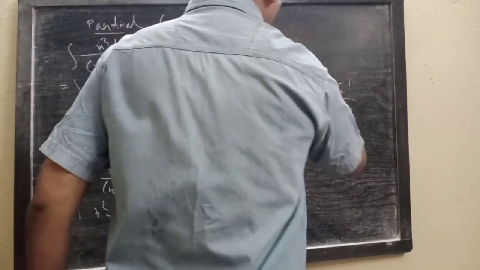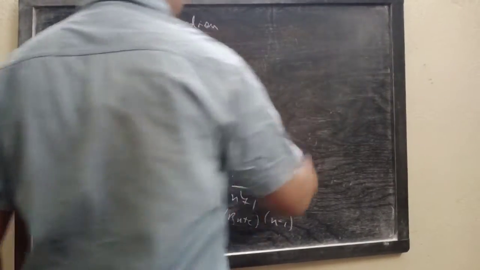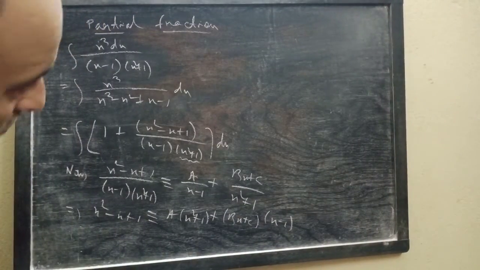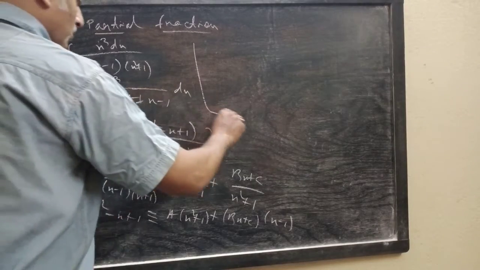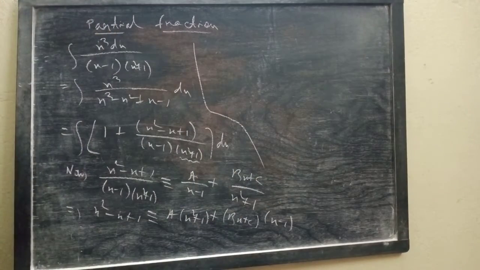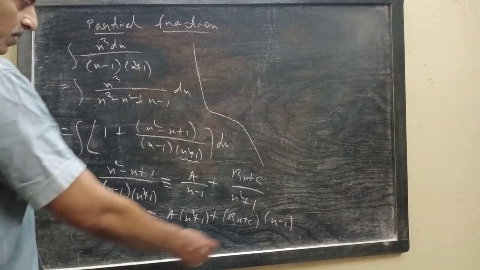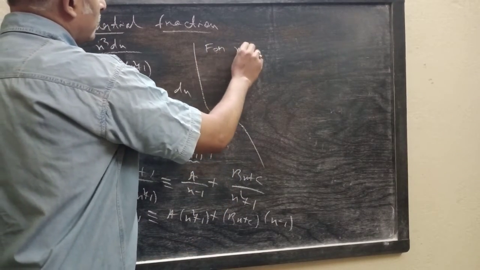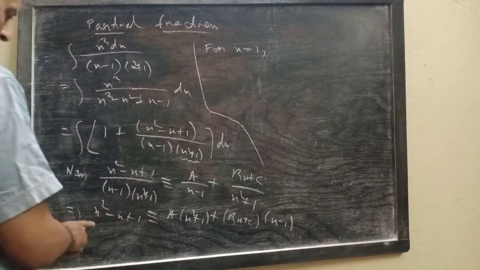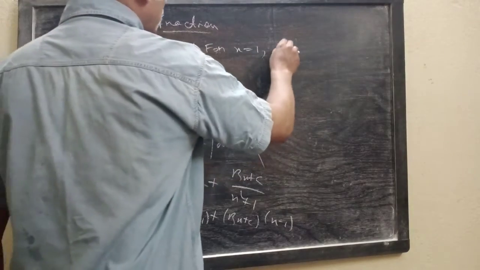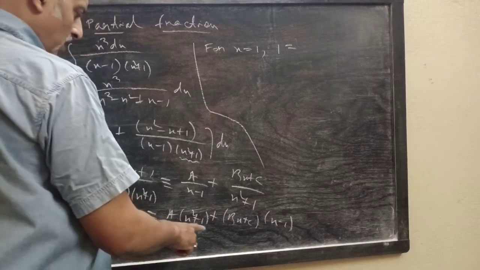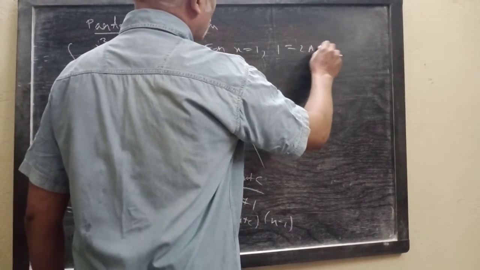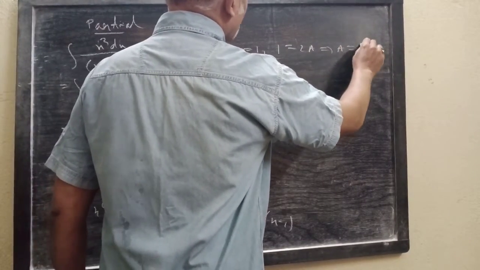Now just observe how I am getting the values of the constants a, b, c. First, to get the value of a, we take x equals to 1. For x equals to 1, we get 1 minus 1 plus 1, that is 1, is equal to 1 plus 1, 2, 2a. That means a is half.